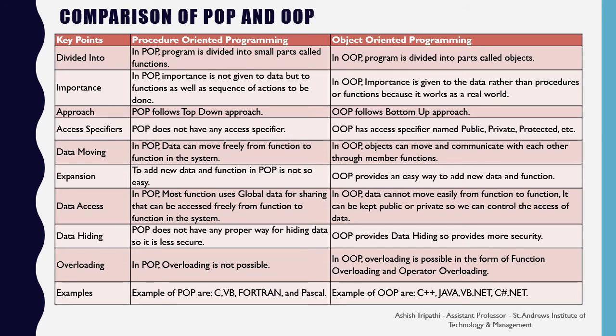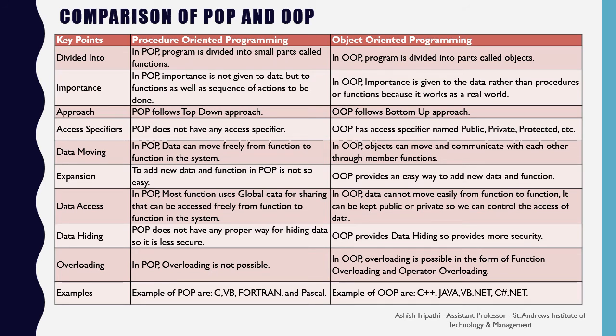But in OOP, with the availability of public, protected and private access specifiers, data can be kept at various levels in the program and used as and when required.